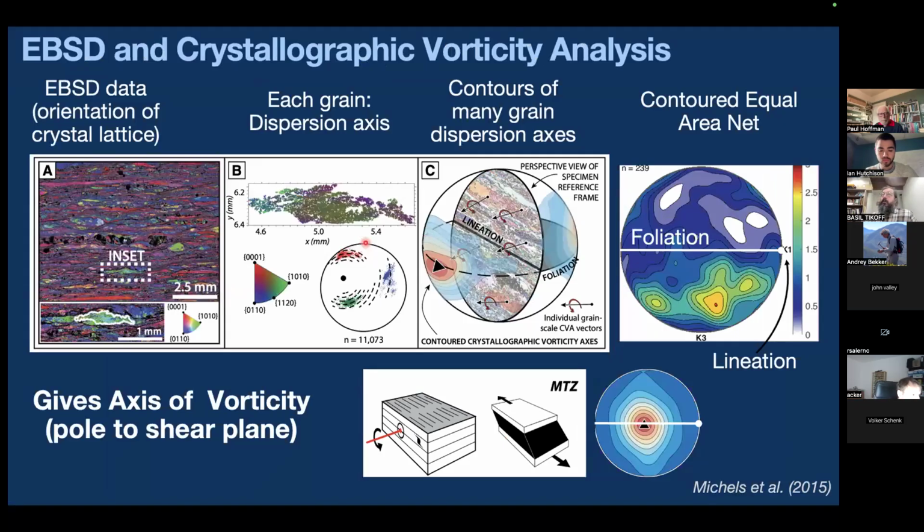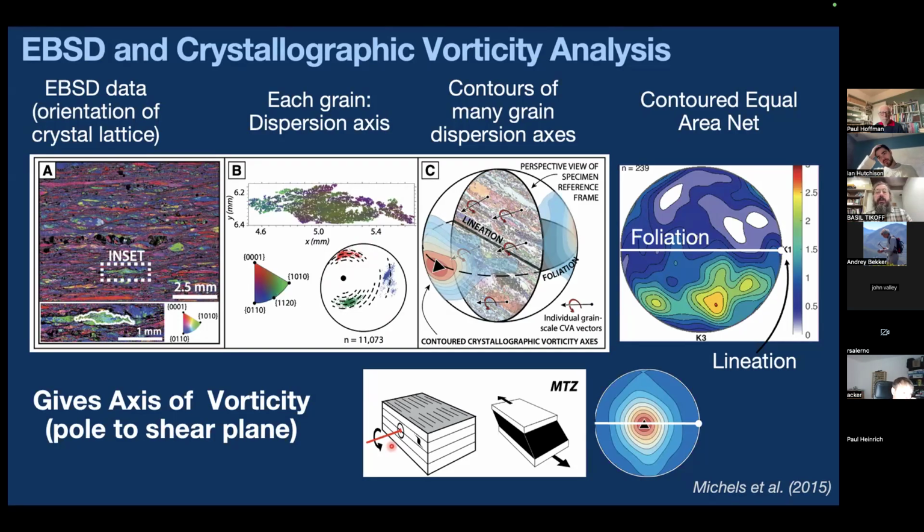As we look at that, I'm going to give you two different tools that we're using. One is this thing called crystallographic vorticity axis. The short version of this is we can tell the direction of bulk rotation or bulk vorticity of a rock, independent of foliation, independent of lineation. So it doesn't matter what the foliation and lineation are. We can look at the misorientations of any individual crystal. We started with quartz, and quartz is used in this study.